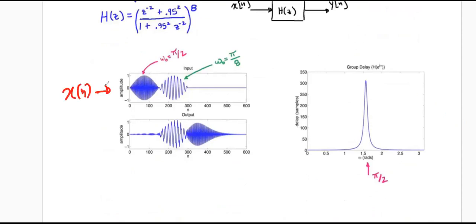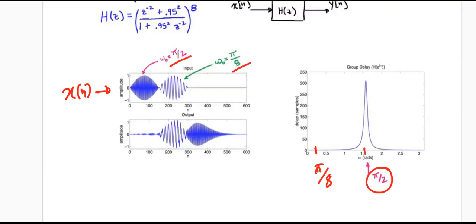Notice that the high frequency portion is represented by pi by 2, and the low frequency portion is represented by pi by 8. Of course, pi by 8 is less than pi by 2.